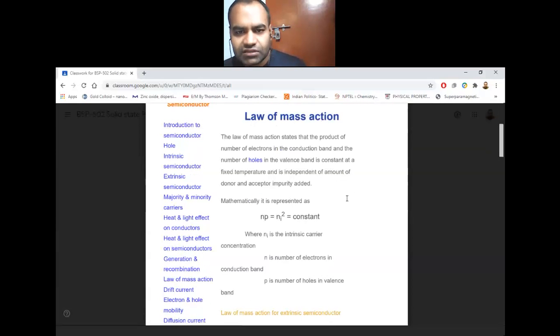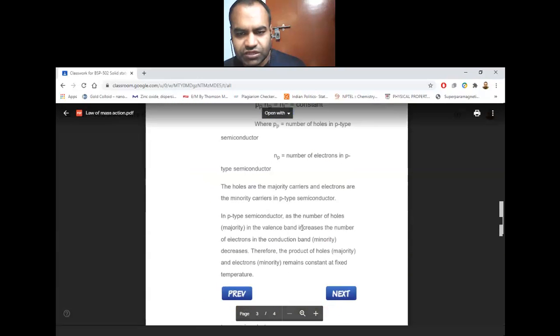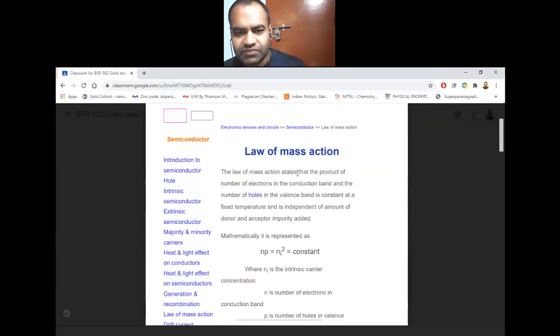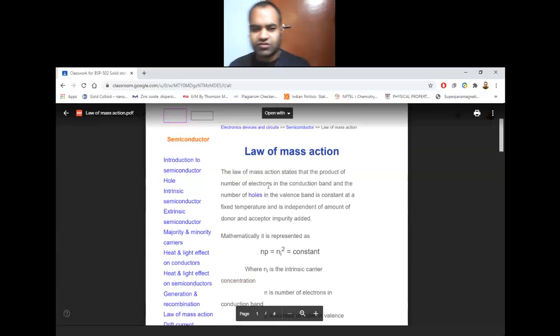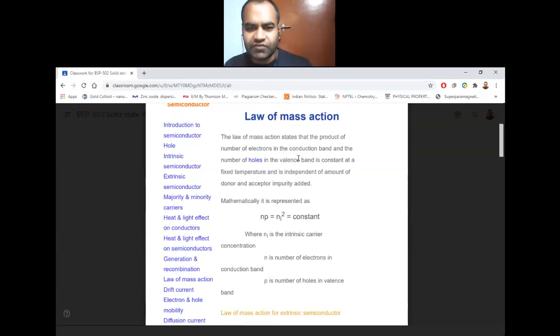Let us go through it. It's just some theoretical thing. The law of mass action states that the product of the number of electrons in the conduction band and the number of holes in the valence band is a constant at a fixed temperature and is independent of the amount of donor and acceptor impurity added.